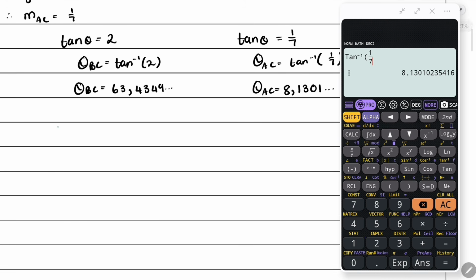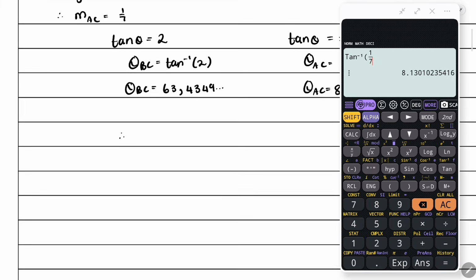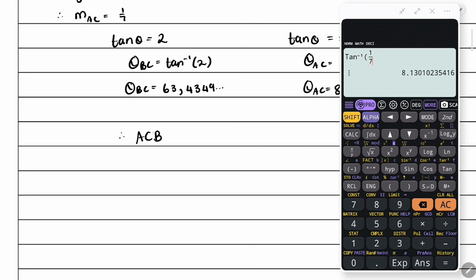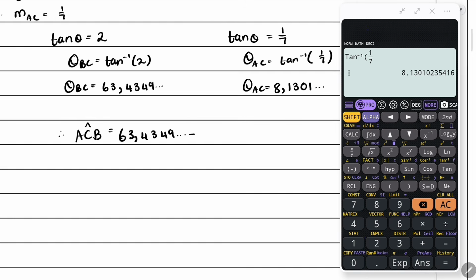Okay, and now finally, let's find those angles. So the angle they're referring to, ACB, to find this, we simply say the angle of inclination of BC, 63.4349, it keeps going, minus 8.1301, and let's find that.